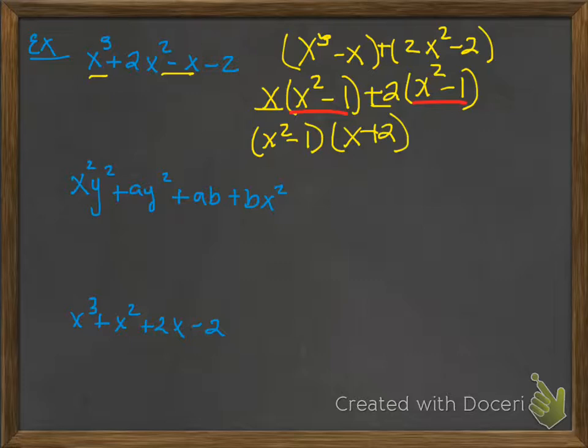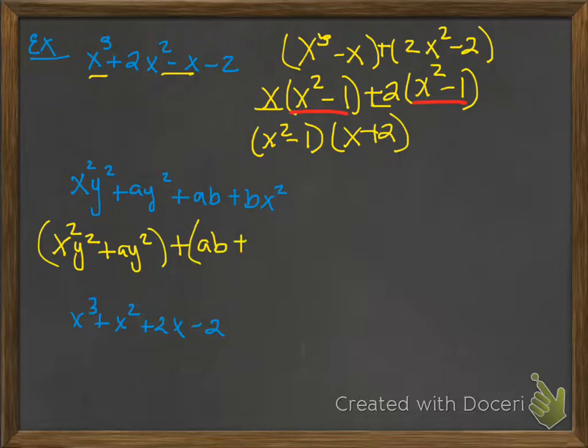Alright, let's look for the next one. See what things have in common. So I'm going to group the first together and the last together. We'll see what happens there. So x squared y squared plus ay squared plus ab plus bx squared.